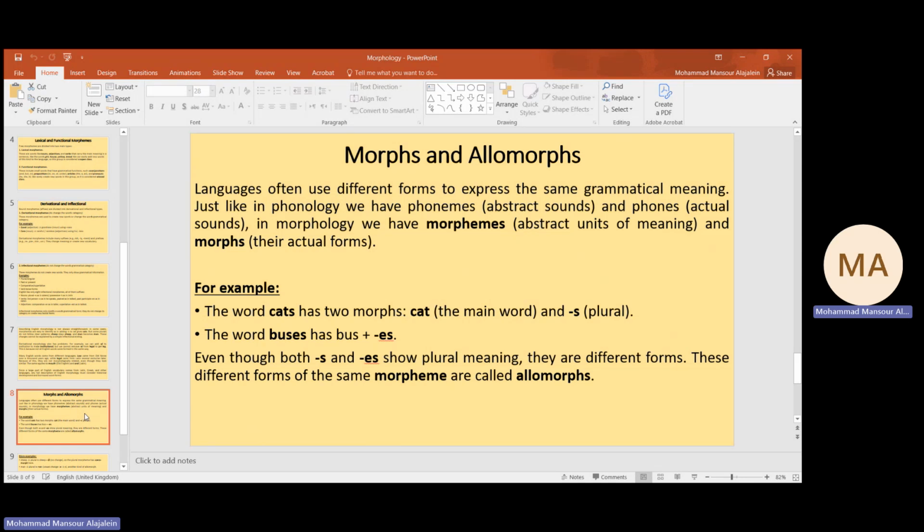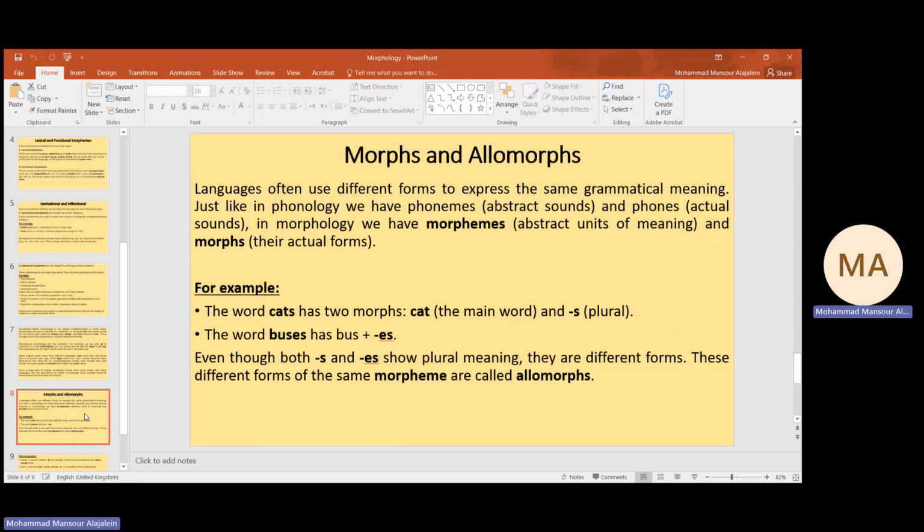For example, the word cats has two morphs, the stem, which is the main word, and the suffix, the plural s. And the word buses has the word bus, and added to this is es.